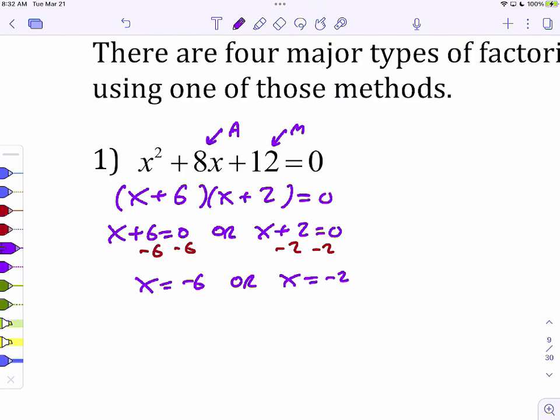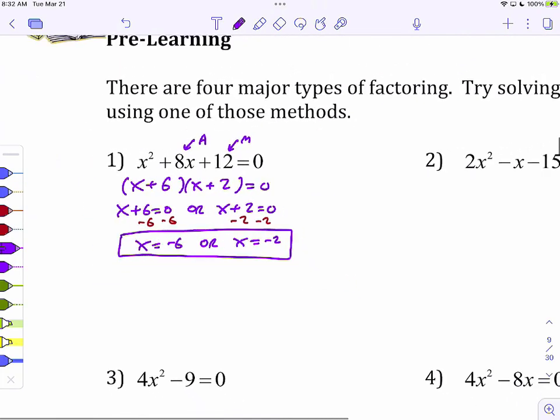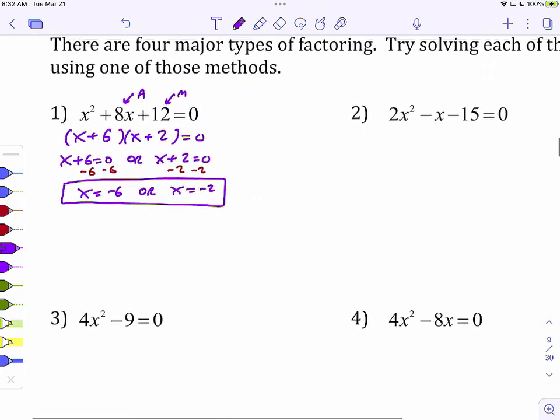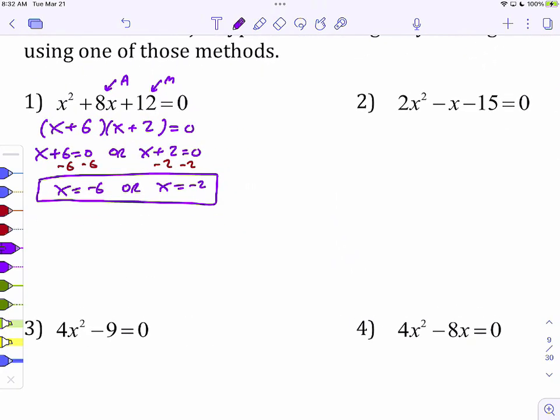The isolating way, getting x alone, doesn't work. So that's why you need this method. And these problems we did yesterday. If you don't know how to do that problem, if that seems like something you don't understand, you need to go back and either learn how to factor it or learn about zero product property or do the homework from yesterday. But that is stuff we talked about yesterday.